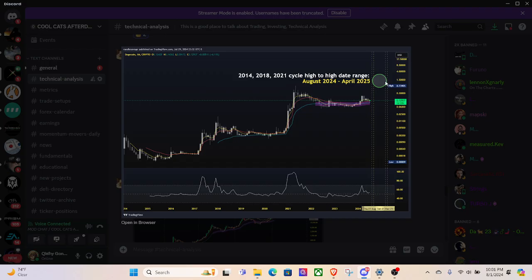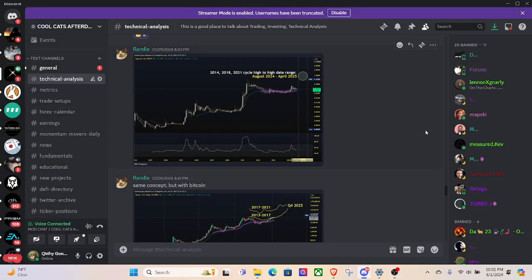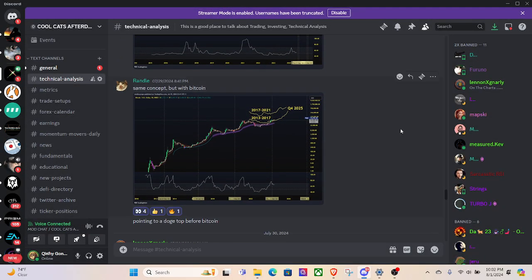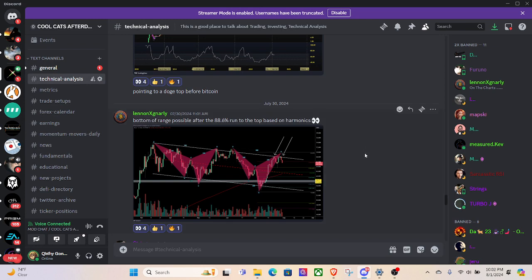It looks as though that's what he's trying to illustrate between these time frames. It's a little bit smushed, so it's hard to see, but it looks like by the end of 2025, he expects Dogecoin to be up in this area and top out.